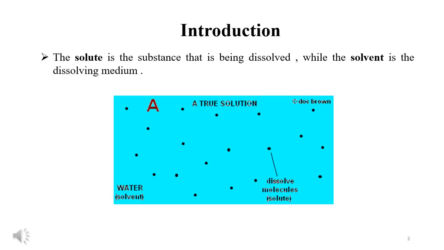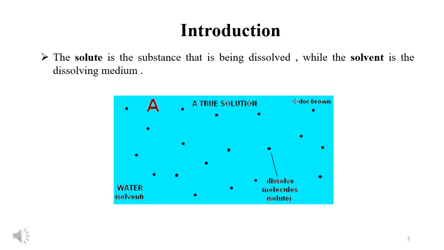As we discussed about solute and solvent in the previous slide, the solute is the substance that is being dissolved while the solvent is the dissolving medium. You can see in the image the sky color is showing solvent, whereas the black dotted points are showing solute.